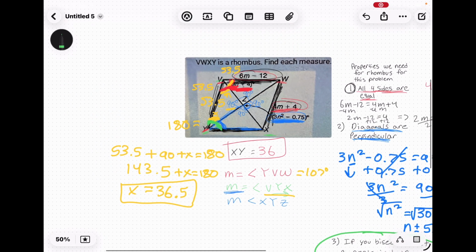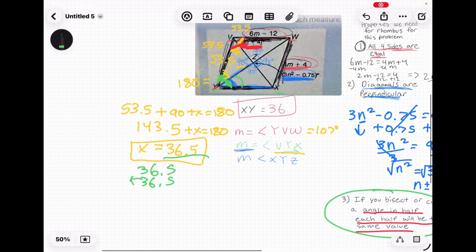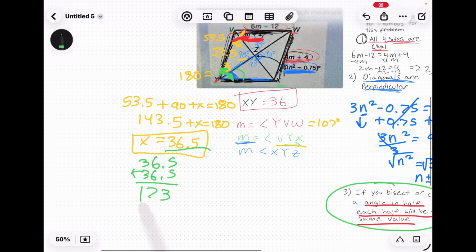So if this half of it is 36.5, I'm going to add another 36.5 to solve for the other side. So that part would be 36.5 plus 36.5, 73. So the measure of angle VWX is 73.